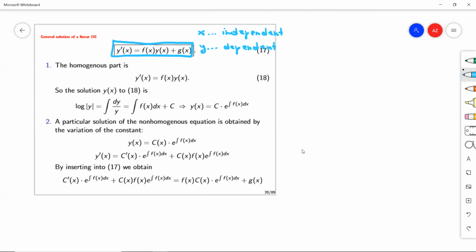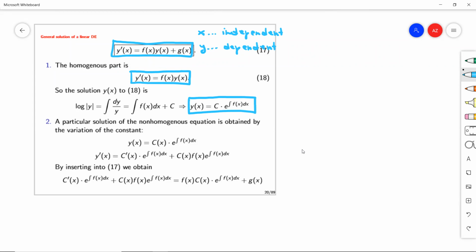So the homogeneous part is obtained by forgetting about this g of x. We get y prime is equal to f of x times y. We do a separation of variables, and a general solution of this is then a function of this form, c times e to the power of the integral of f of x dx.